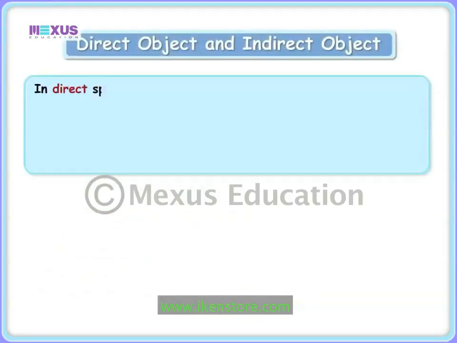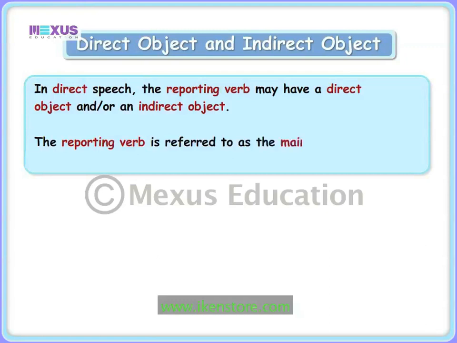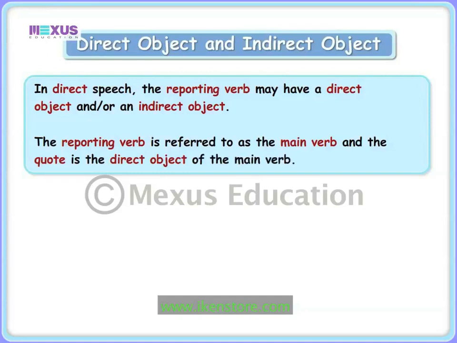In direct speech, the reporting verb may have a direct object and or an indirect object. We refer to the reporting verb as the main verb, and the quote is the direct object of the main verb.